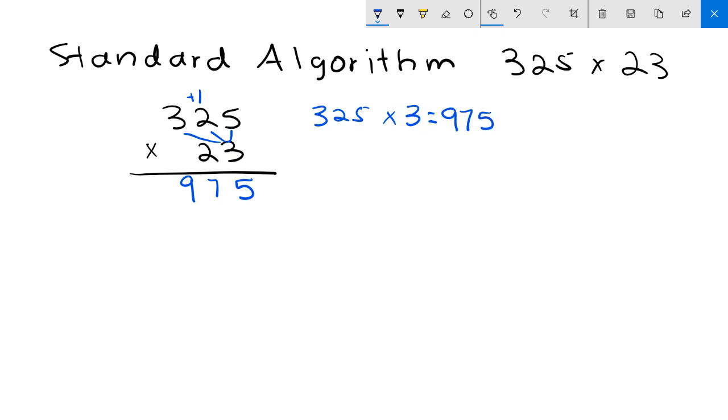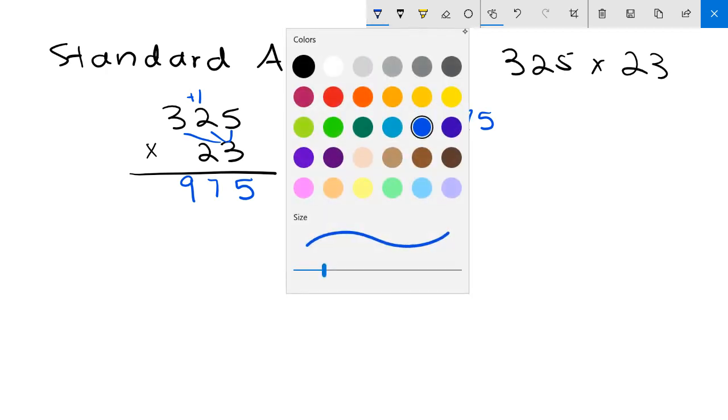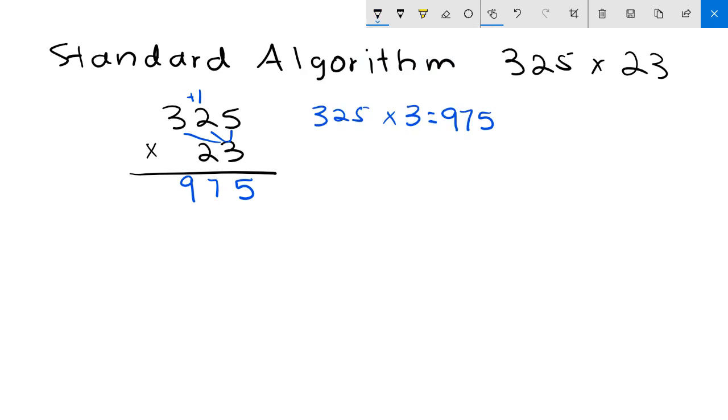Okay, now again, if I'm going too fast, feel free to pause the video at any time so you can catch up. Or if you want to pause and try to do this problem ahead of time and then see if you're doing it correctly, you can do that as well. All right, so once I got 325 times 3, well, I'm multiplying 325 times 23, so I got the 3.